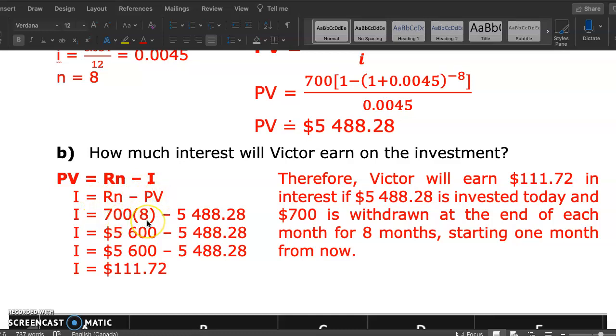So Rn being your regular withdrawal times the number of times that you withdraw it, 700 times 8 is 5,600, minus the present value, what it is today, 5,488.28. So the difference between these two represents the interest. The advantage of having all of the money deposited and only taking it out as needed is that you can earn interest on that deposited amount.